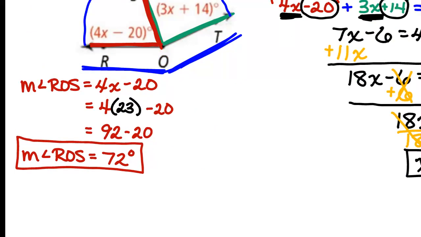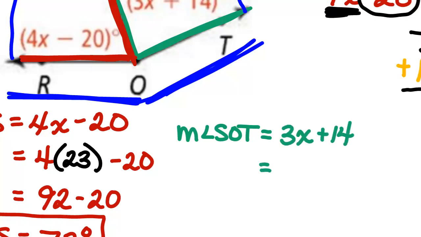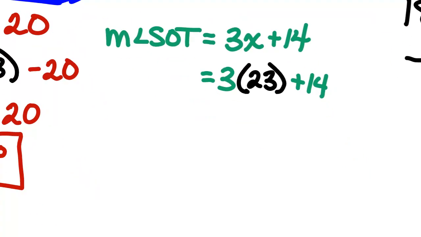We still need to find SOT. Measurement of angle SOT. How big was SOT? 3x plus 14. And we know that x is 23, so I have 3 times 23 plus 14. So that's 69 plus 14.